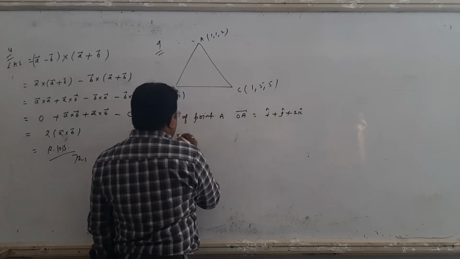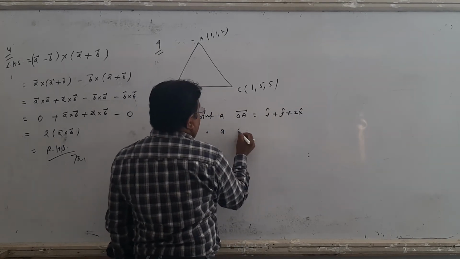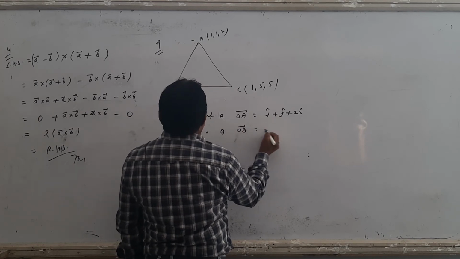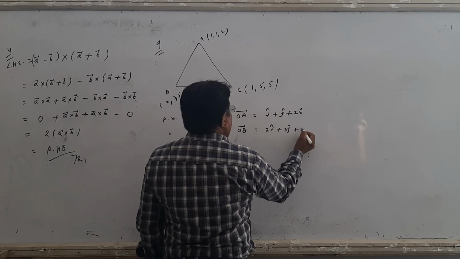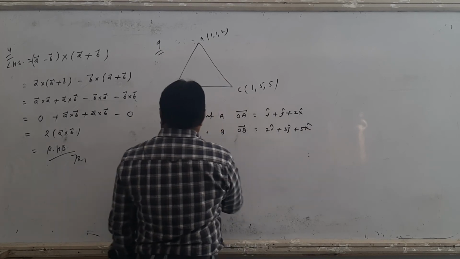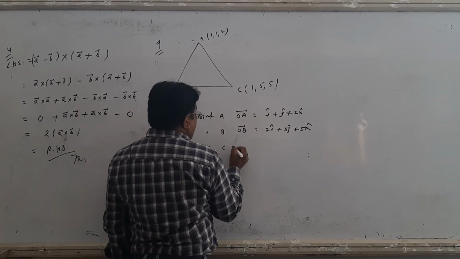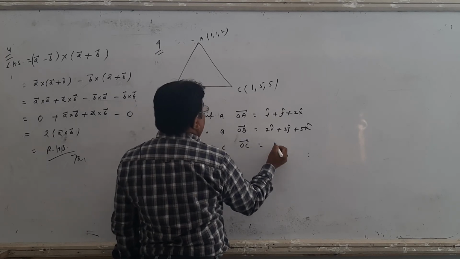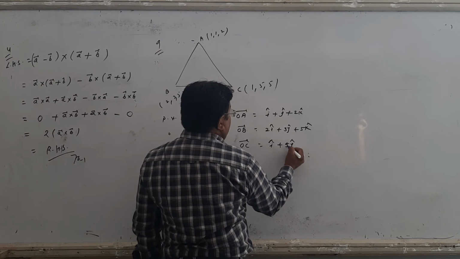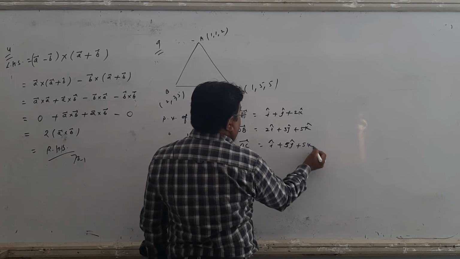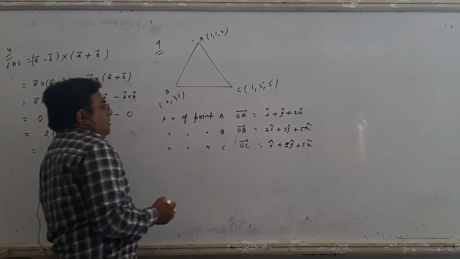The position vector of point B, vector OB, is 2 i cap plus 3 j cap plus 5 k cap. And the position vector of point C, vector OC, is 1 i cap plus 5 j cap plus 5 k cap. Now find the area of the triangle.